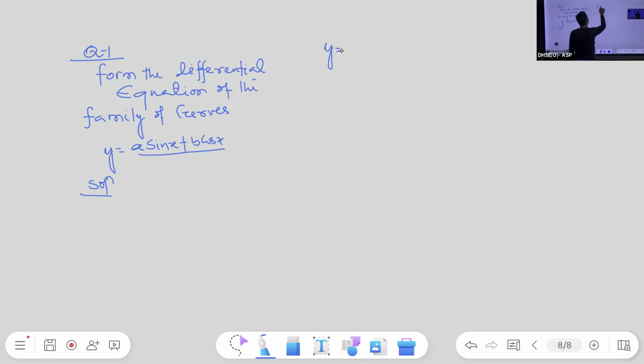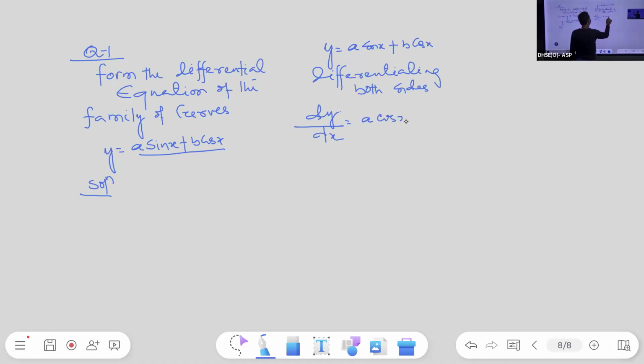y is equal to a sin x plus b cos x. Differentiating both sides, dy upon dx equals a into derivative of sin x, which is cos x, plus b into derivative of cos x, which is minus sin x, so a cos x minus b sin x.